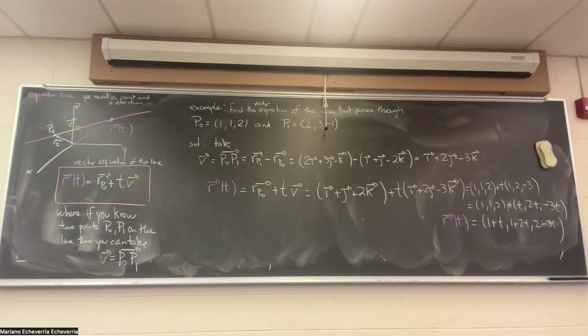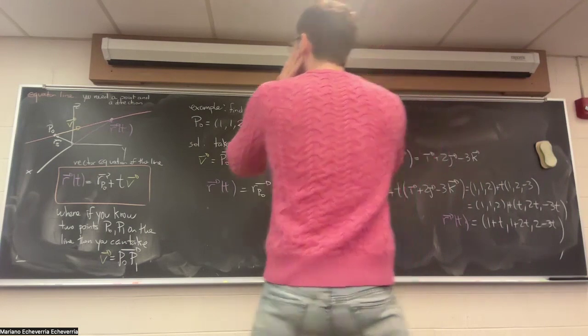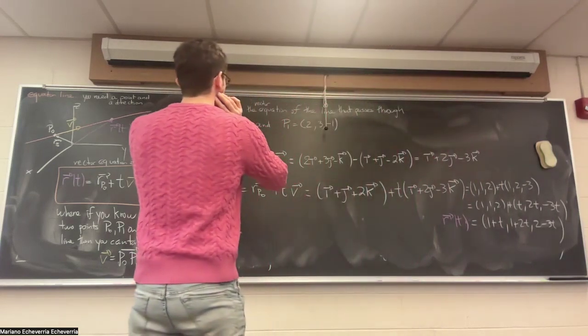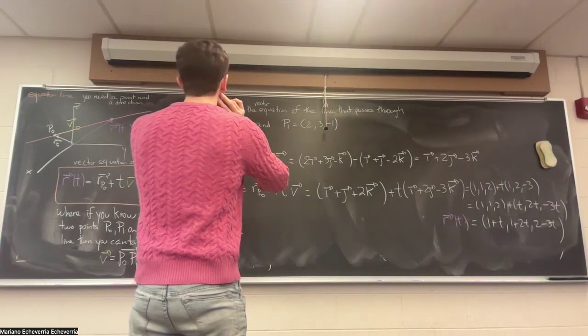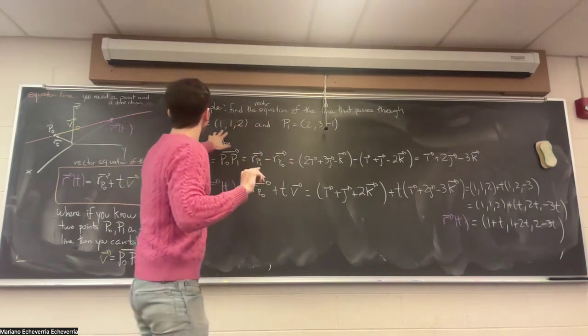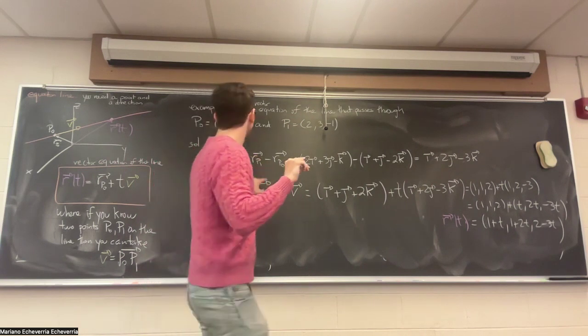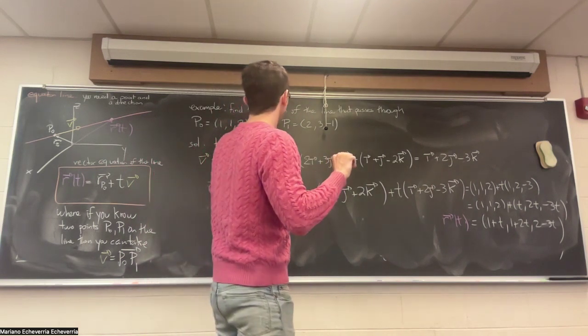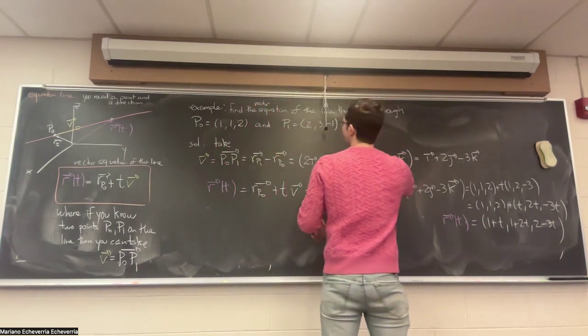I don't think this is super relevant, but when you plug in P naught, if you had a minus 2k, but it was just a positive 2. Sorry, let's see. P naught is 1, 1, positive 2. Plus i plus j minus 2k. Oh, you're saying that here I put a minus 2k?